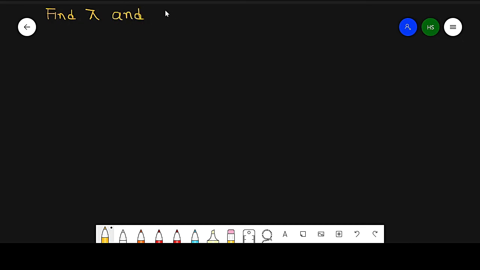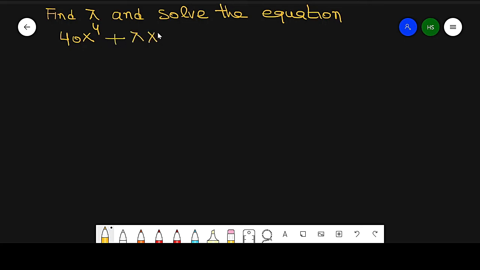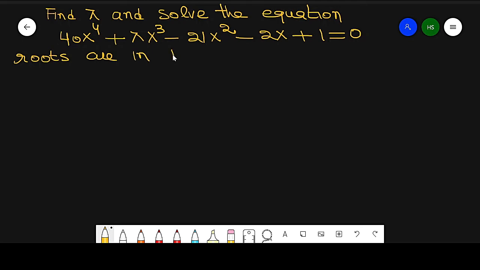Solve the equation 40x^4 + lambda x^3 - 21x^2 - 2x + 1 = 0, and the given roots are in HP, harmonic progression. So that is my question.